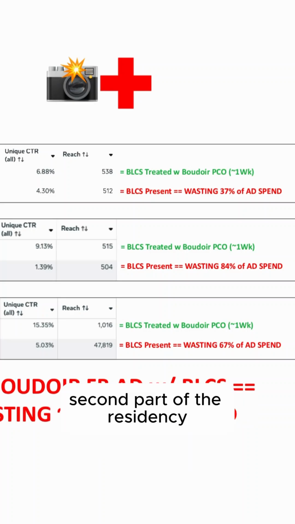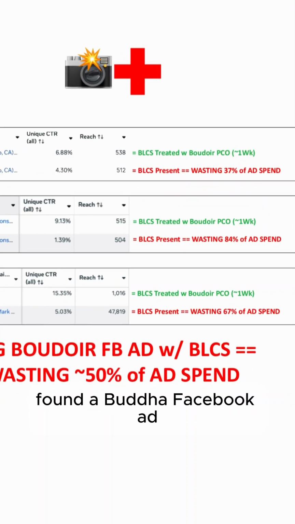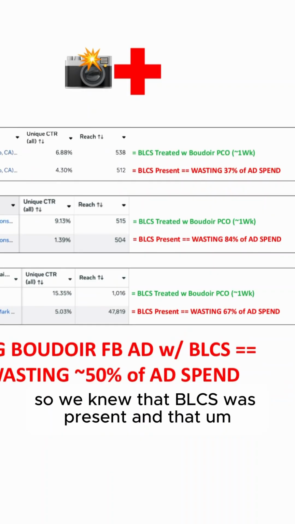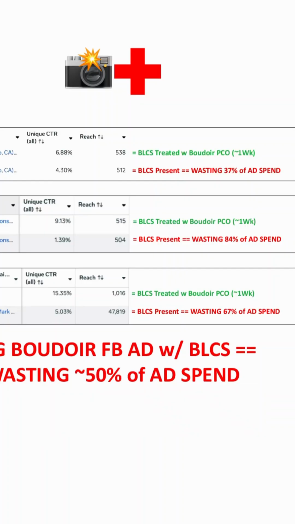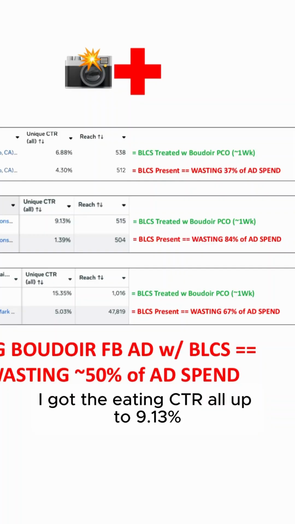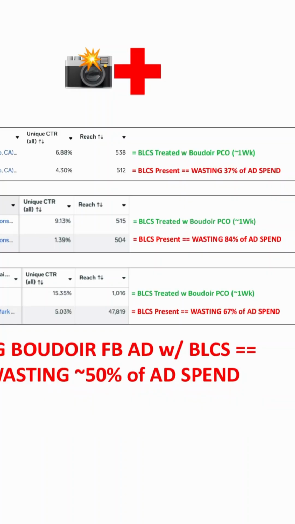Second part of the residency, I found a Boudoir Facebook ad that had 1.39% unique CTR all. So we knew that BLCS was present, and so decided to duplicate it and treat it with Boudoir Pico. Takes about a week. I got the unique CTR all up to 9.13%.